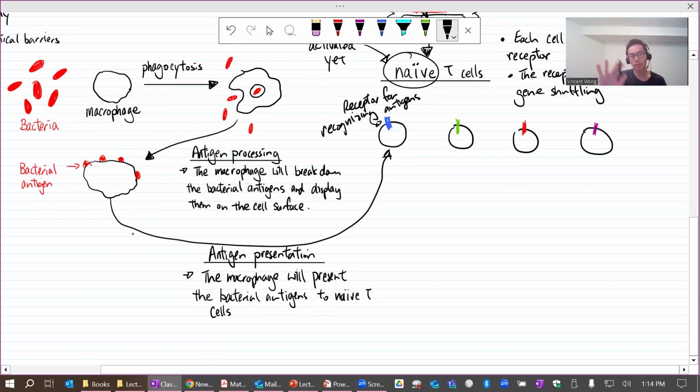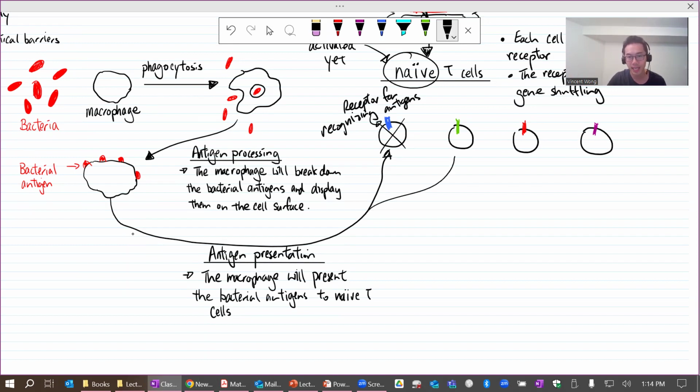So, you know, stop copying for a second and just try to listen to what I have to say first. So the macrophage will come, and then it will show it to this naive T cell with the blue receptor. It's like, hey, we're being attacked by these bacteria. They look like these red little knobs. Do you have the right receptor to fight them? And the answer is nope. Ask the next guy.